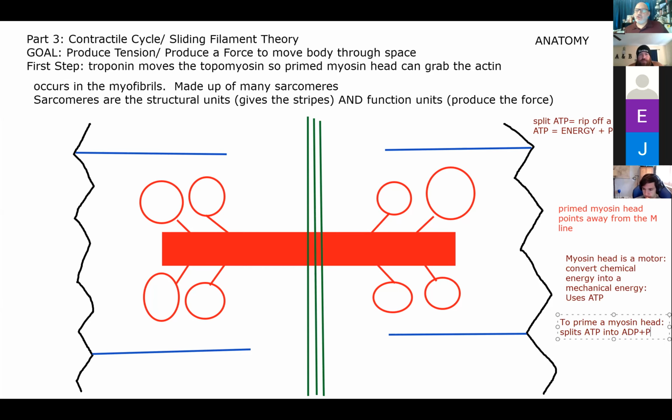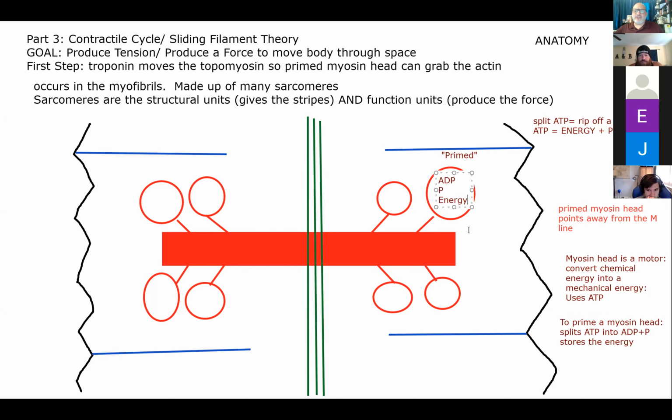But it doesn't use the energy right away. It stores the energy. So in this primed myosin head, there is an ADP, there is a phosphate, and there is energy that it is just waiting to use.